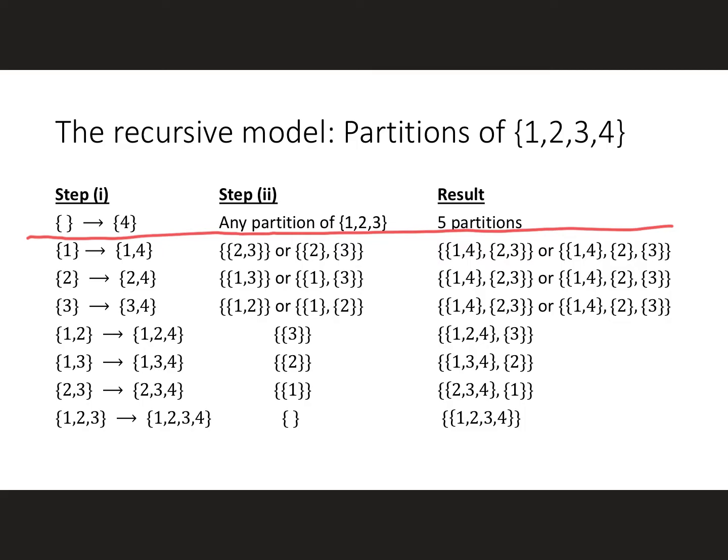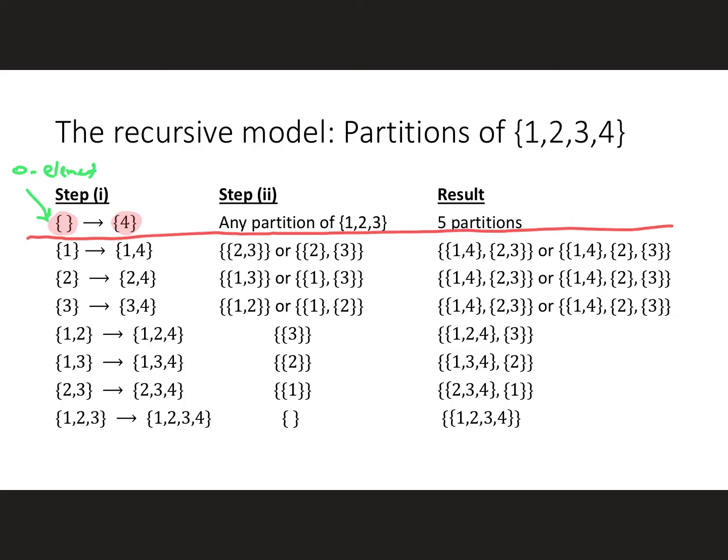When I choose the subset here, the empty set, and add 4 to it, that means I'm starting off with a 0 element set in step one, and then I add the 4 to it, which gives me that part.